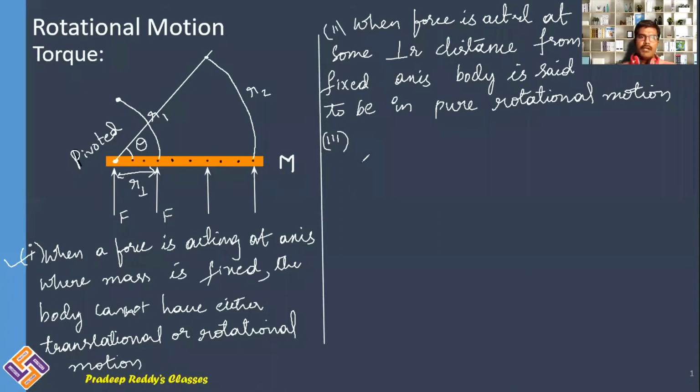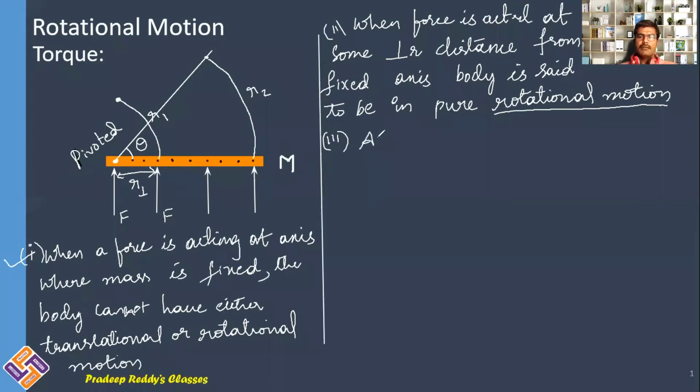And if you apply a force other than at the fixed point, at some perpendicular distance from the axis of fixed position, the body is said to have pure rotational motion. When the body is undergoing rotation, the angle swept by all the particles is the same.